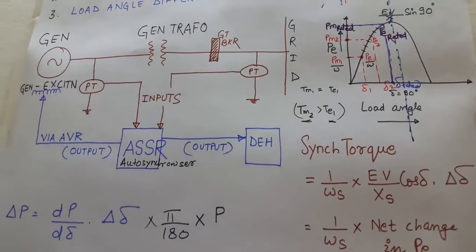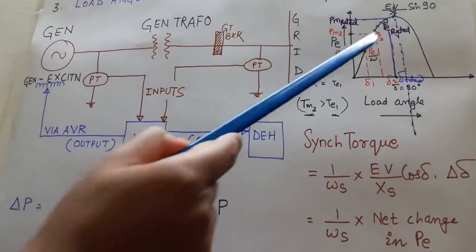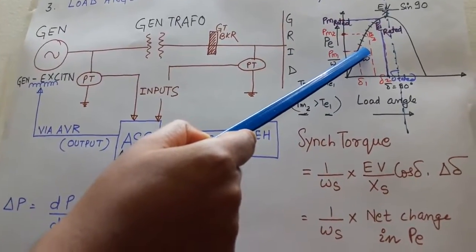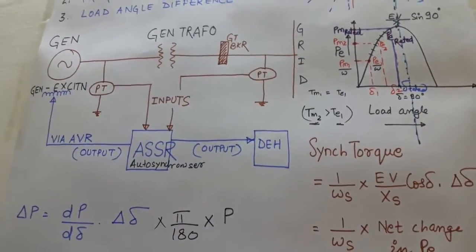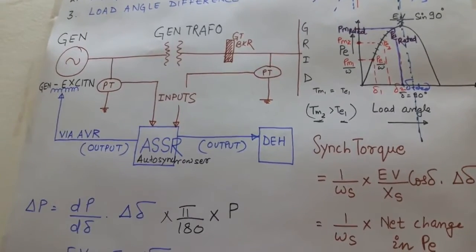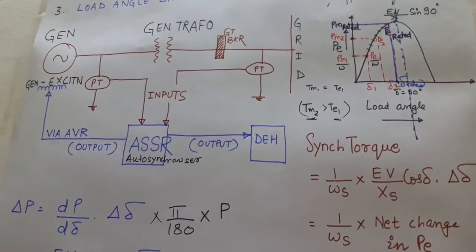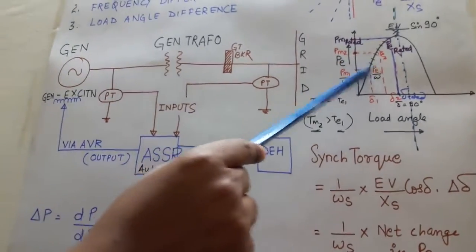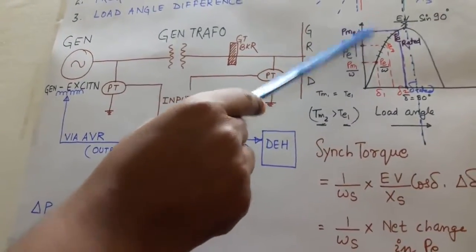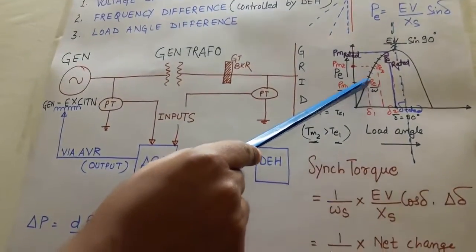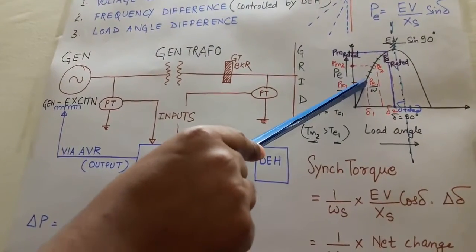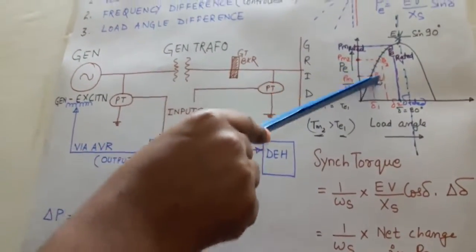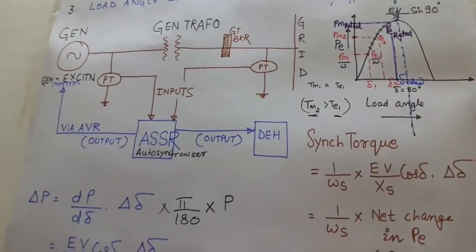So I can define synchronizing power as PE2 minus PE1, the change in active power of the generator to bring it into its steady state. Earlier it was in steady state, but suddenly when steam is increased, it lost its steady state condition. So the extra power required to bring it into the steady state condition is called synchronizing power.